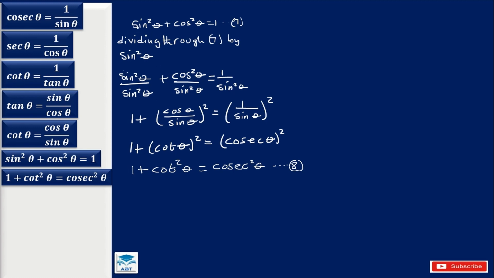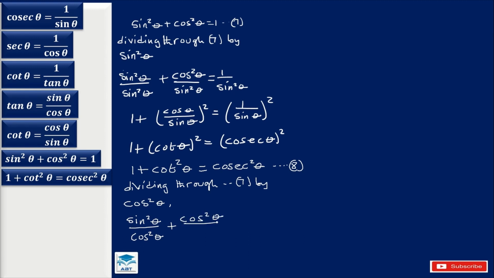And again, dividing through equation 7 by, this time around, cos square theta, we have sine square theta divided by cos square theta plus cos square theta also divided by cos square theta is equal to 1 divided by cos square theta.